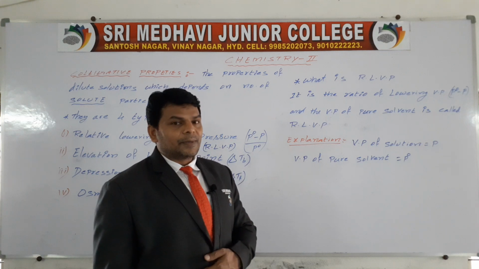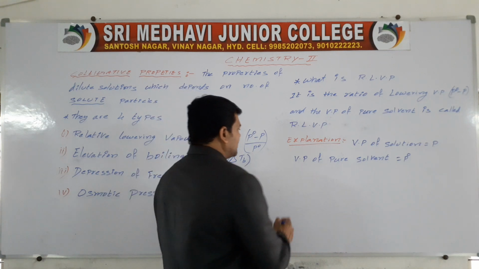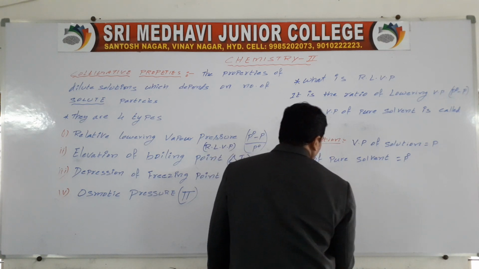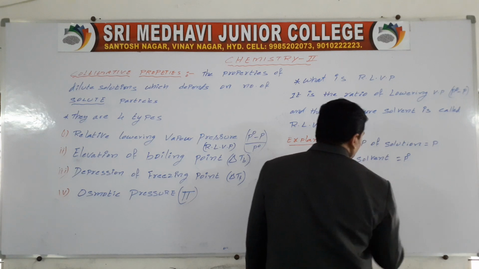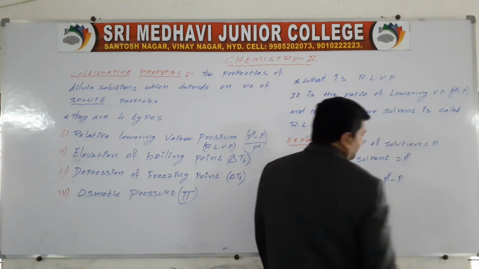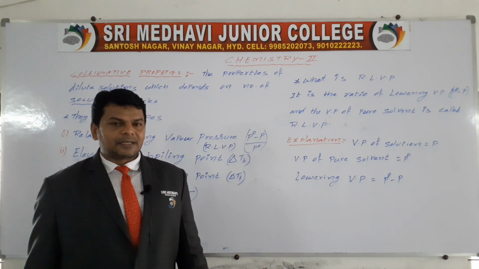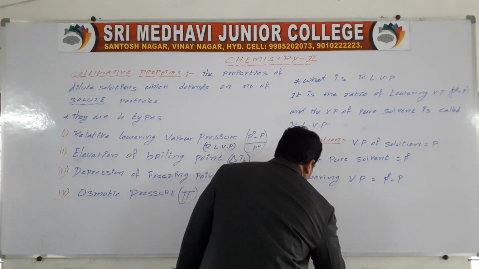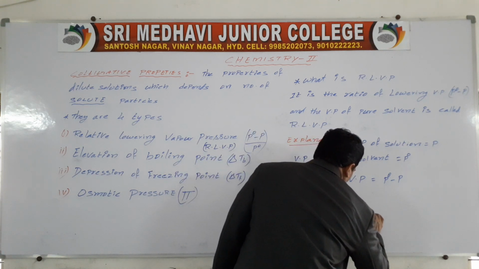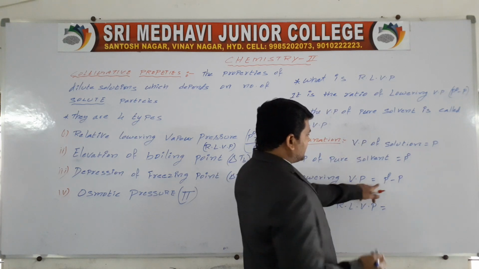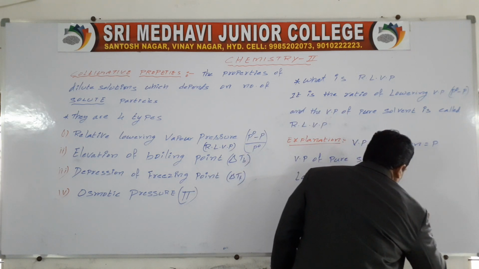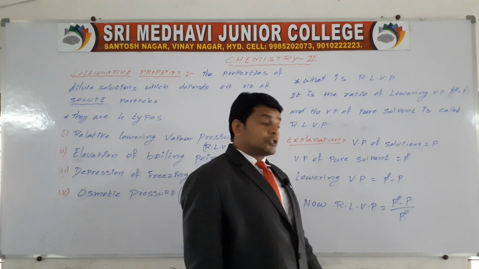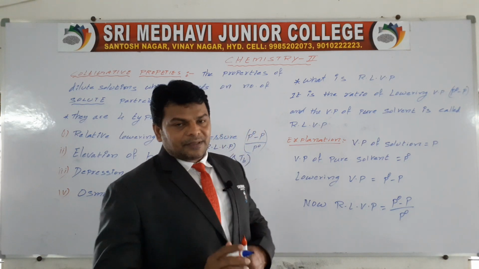The difference is the lowering of vapor pressure, P naught minus P. Now RLVP is the ratio of the lowering of vapor pressure, P naught minus P, to P naught, the vapor pressure of the pure solvent.